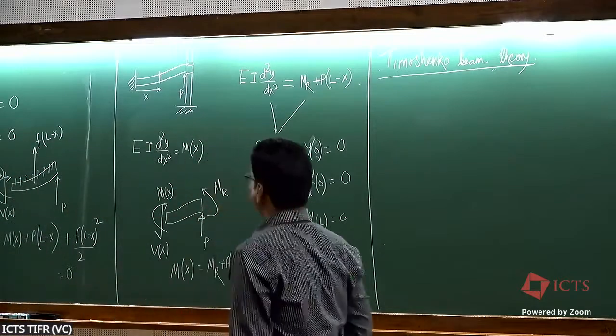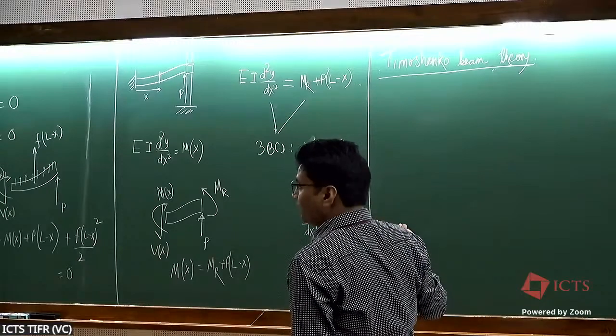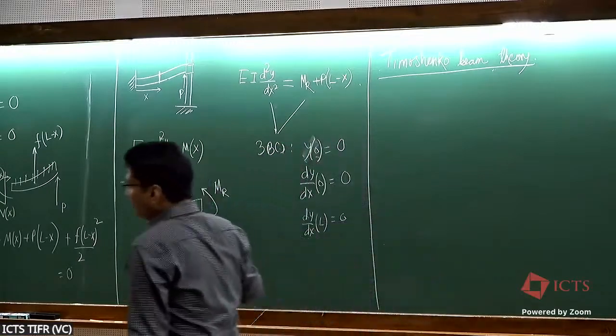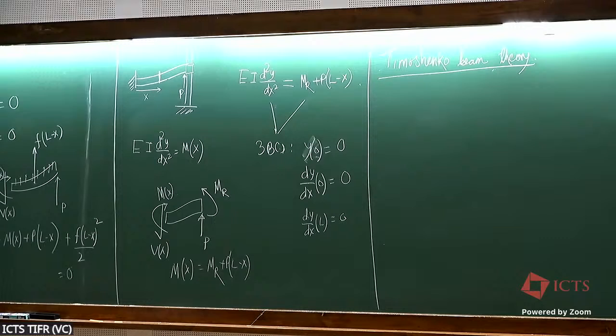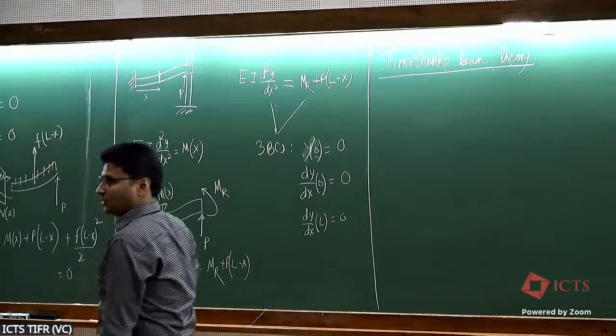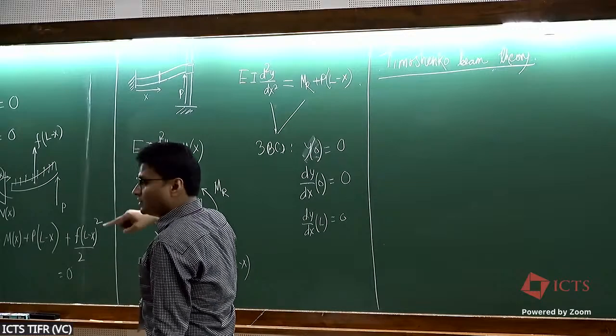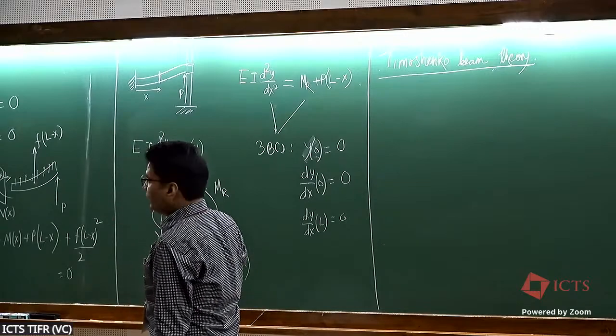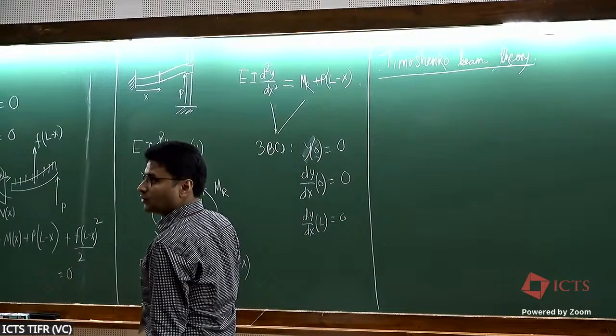Okay, so coming to Timoshenko beam theory. Here we are going to relax the first approximation that the cross-section normal and centerline tangent are aligned. So we are going to relax this, which will mean that you will have two unknowns now in this Timoshenko beam theory: the centerline variable and also the cross-section orientation.